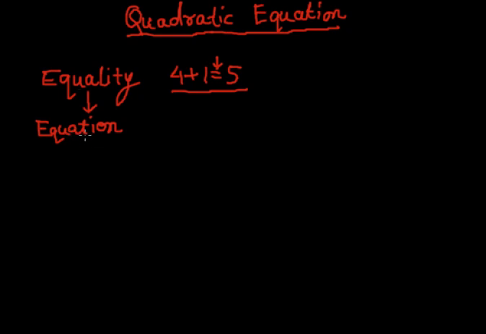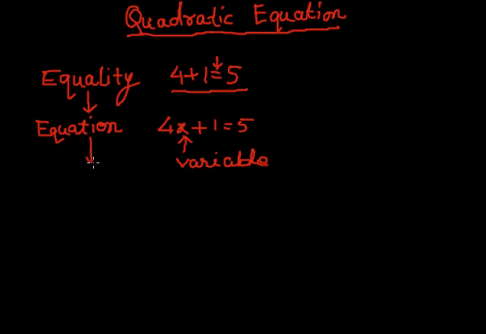That means if in an equality a variable is contained, for example 4x plus 1 is equal to 5, it is called an equation. Here x is the variable. So the basic difference between equality and equation: equality is the simple statement and equation is a variable contained statement.